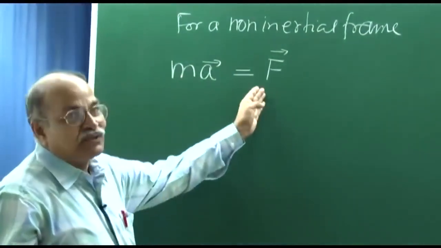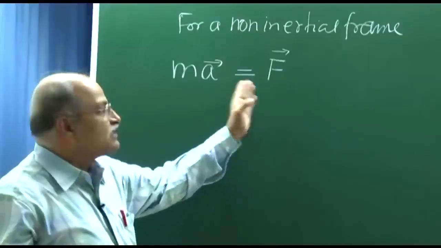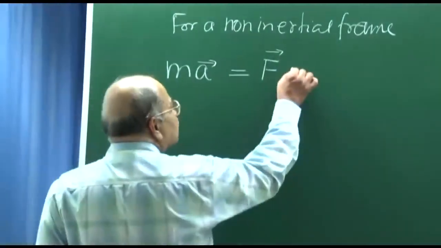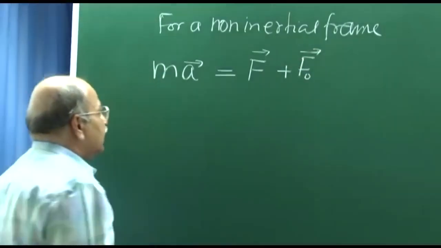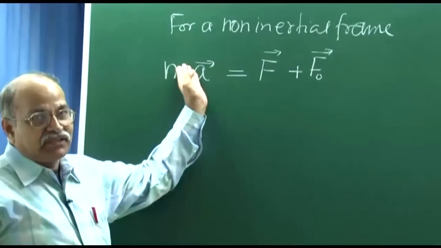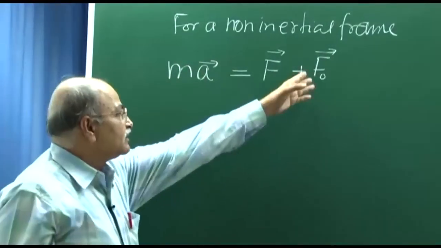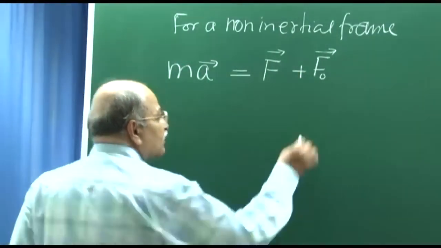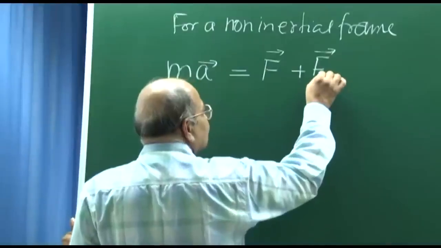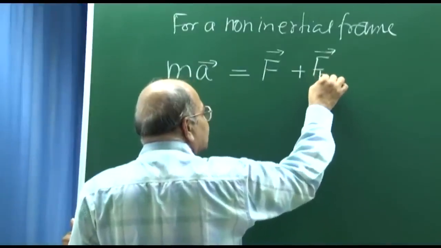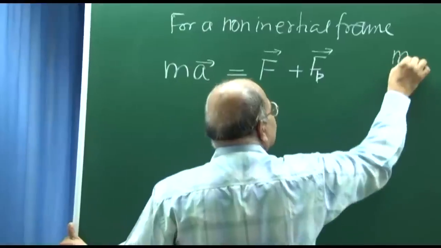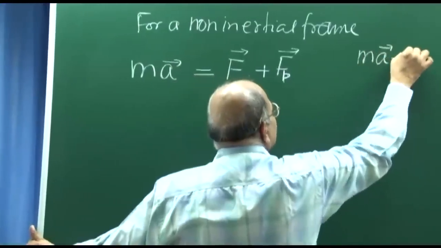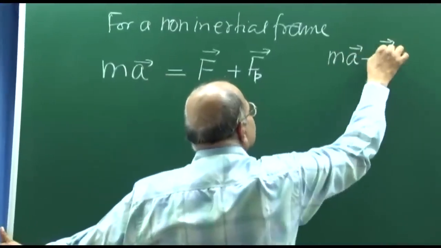And therefore, if it is not equal to this, you should have something else. This ma minus F, which is not 0, call that Fp. P is for pseudo. So, mass times acceleration is not equal to the total forces applied.